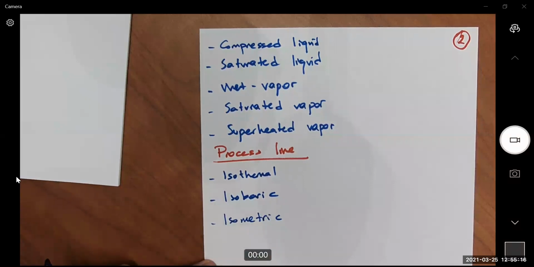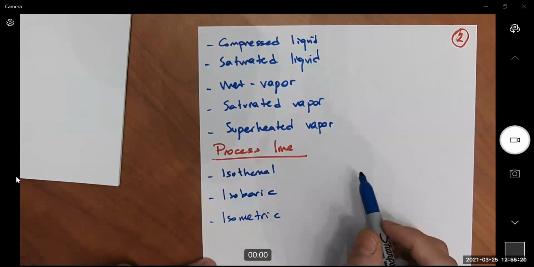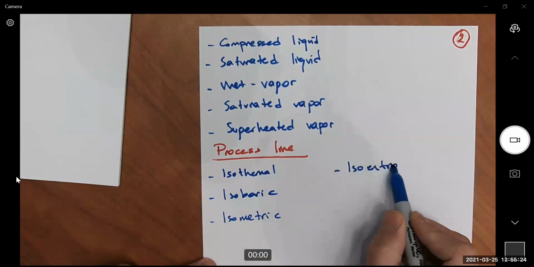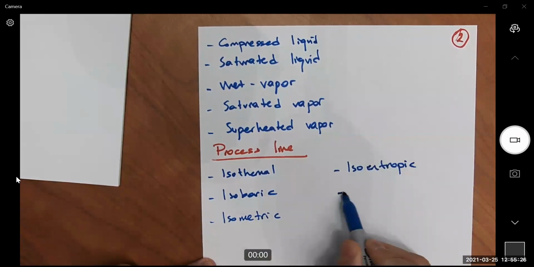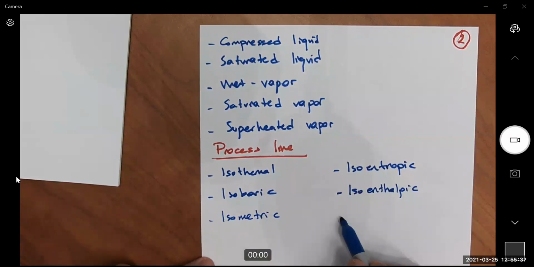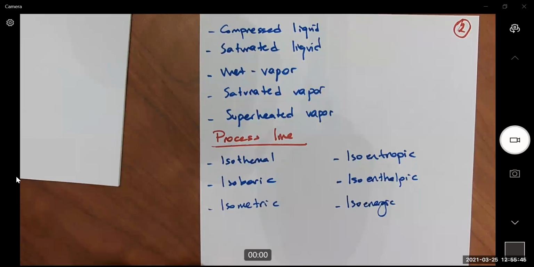Isometric, constant volume. Isentropic, constant entropy. Also called isoentropic, constant entropy.